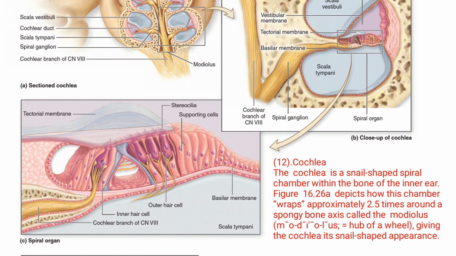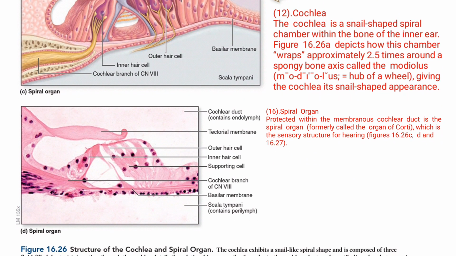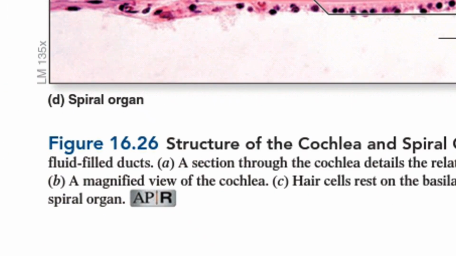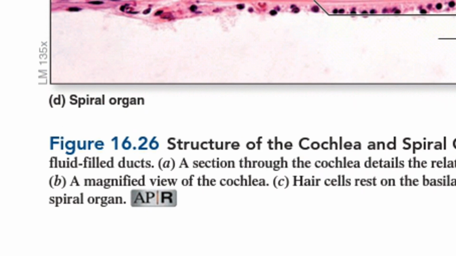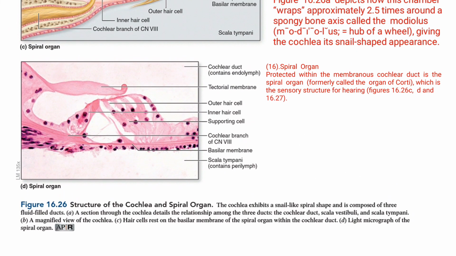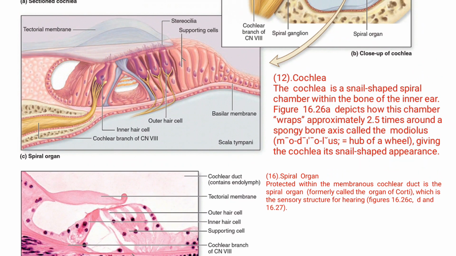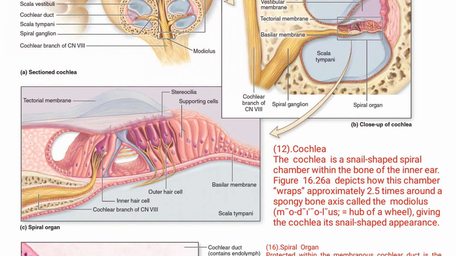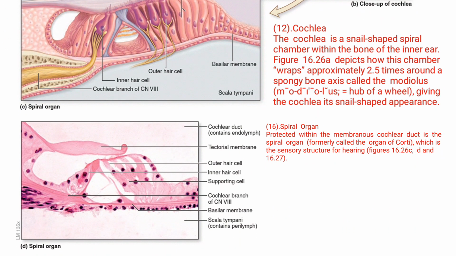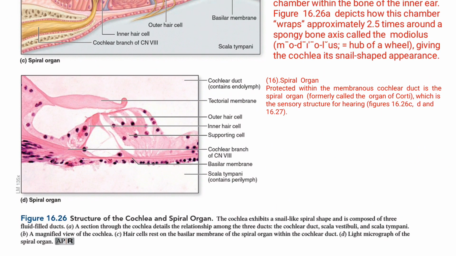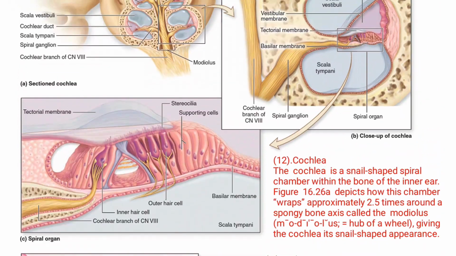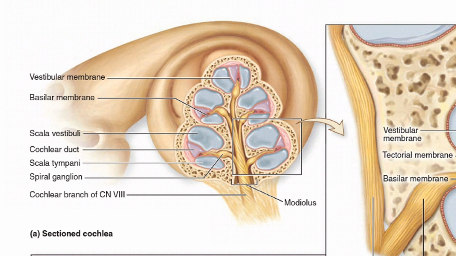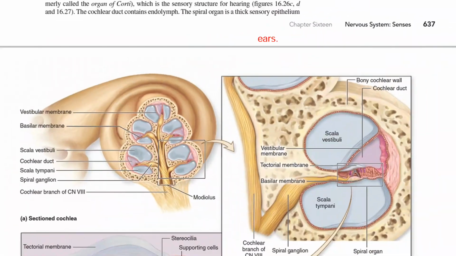See, figure 16.26, structure of the cochlea and spiral organ. So in this figure, this is the cochlea.